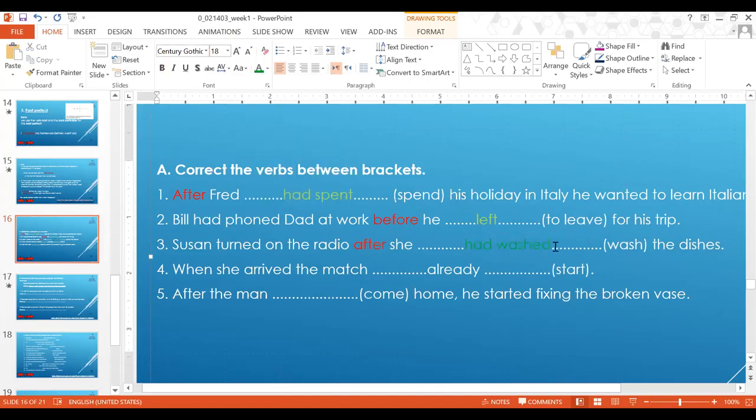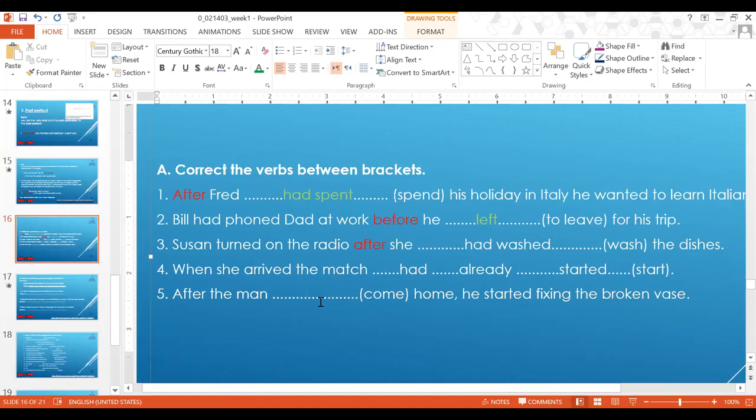Next one. Okay, when she arrived, the match had already started. Amazing. Had already started. Good job.